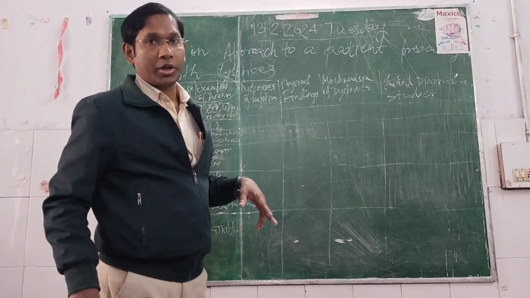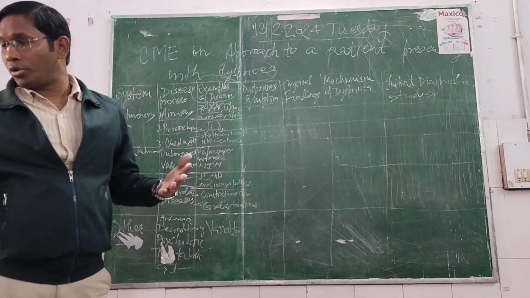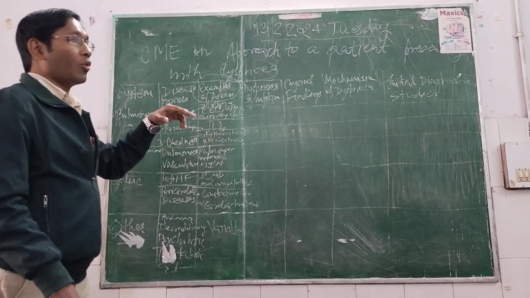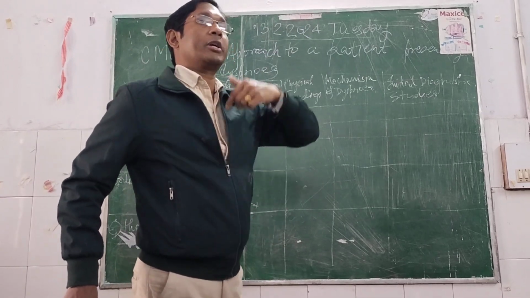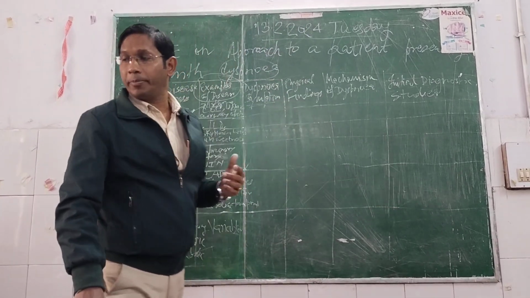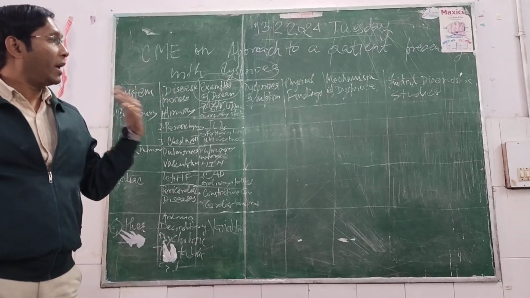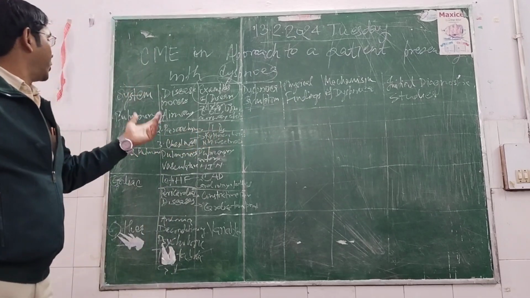Maximal inspiratory pressure and maximal expiratory pressures. Both of these will be reduced in case of chest wall disease, because patient cannot maximally inspire as well as maximally expire. Therefore, the maximal inspiratory pressure and maximal expiratory pressure both will be reduced in case of chest wall disease.